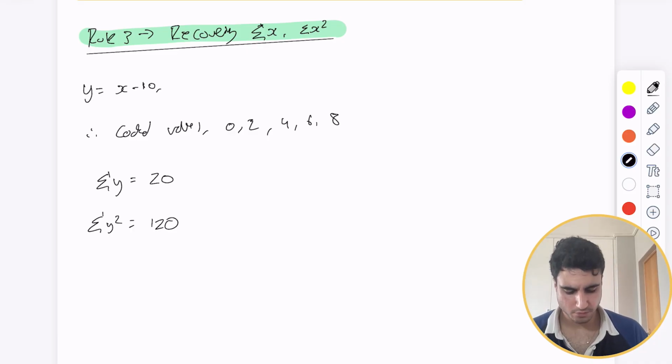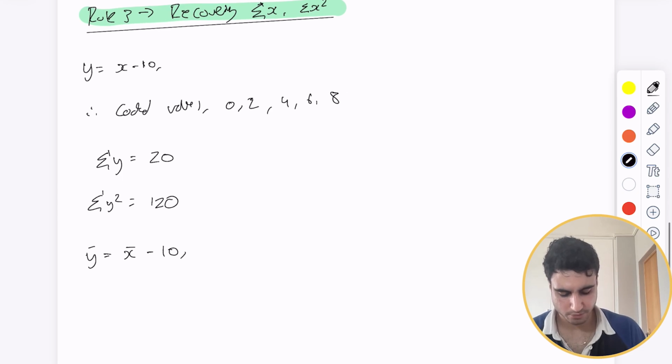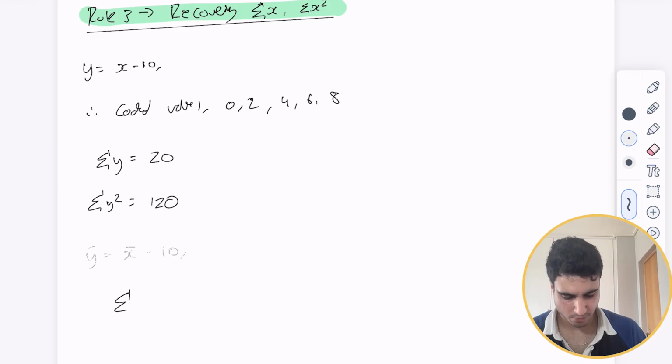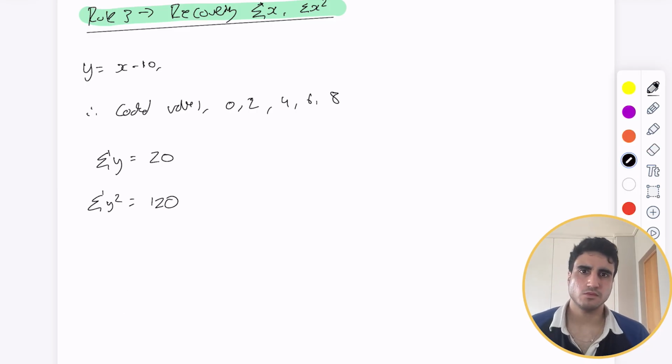So what does this mean here? Well, remember y bar equals x bar minus 10. We know that, but now remember what the sum of x equals.